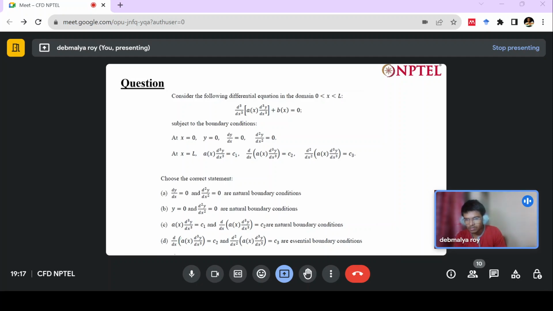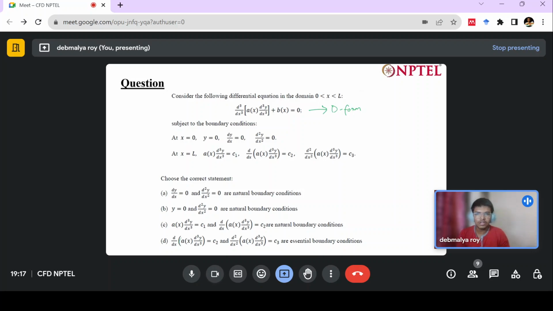So let's solve this problem together. The equation that is given, what is this? This is in the D form, right? What is the order of this equation? Can someone tell me? Sixth order. Sixth order equation.